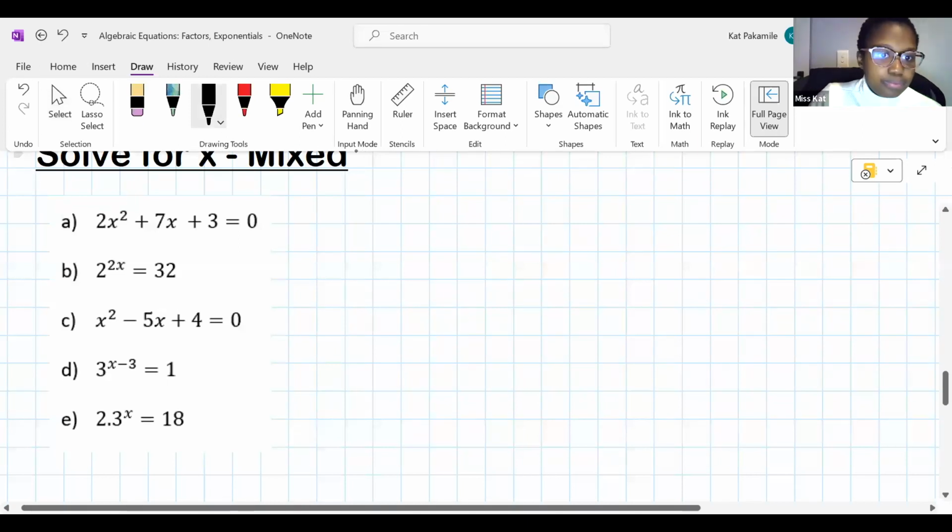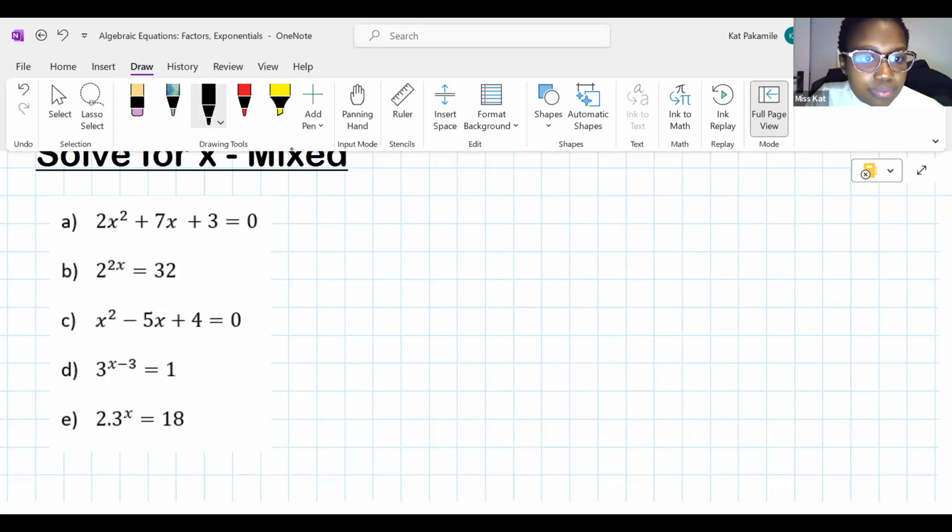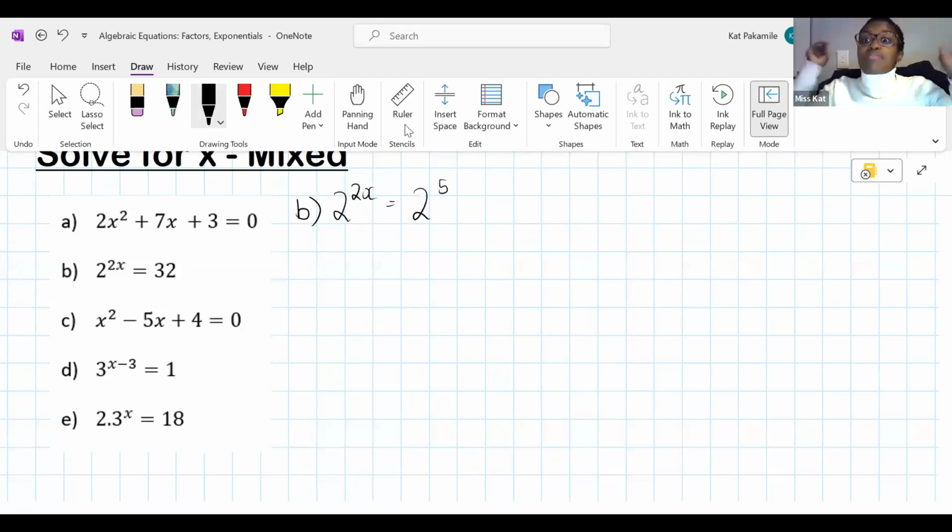So, ma'am, we're gonna change 32 into a power, which is gonna be 2 to the power of 5, so 2 to the power of 2x equals 2 to the power of 5. Oh, you meant power. You make the exponents equal.